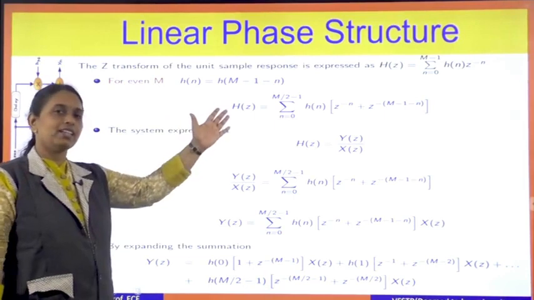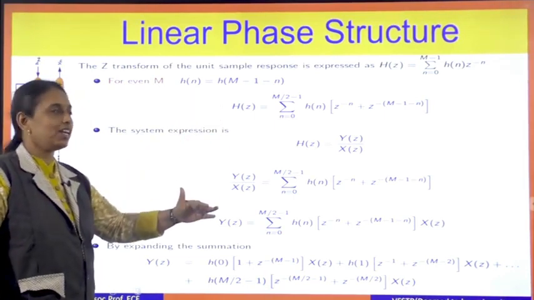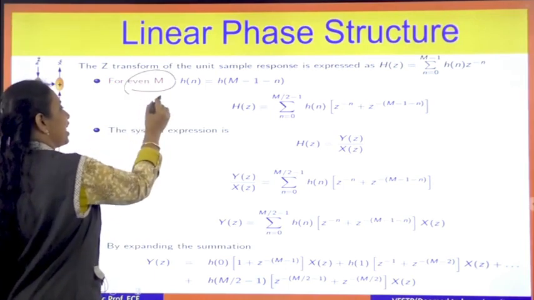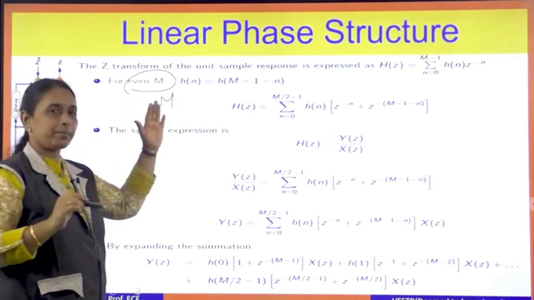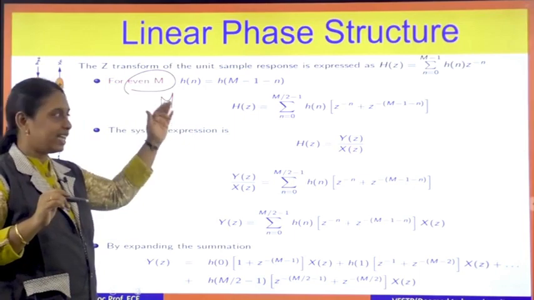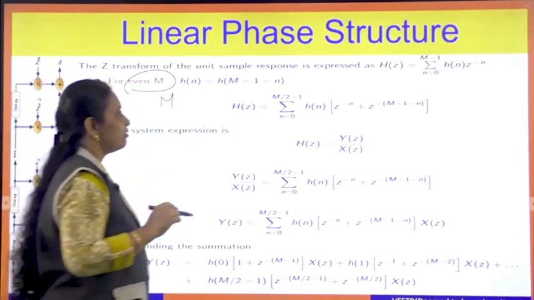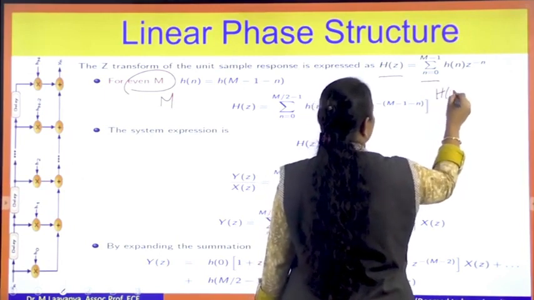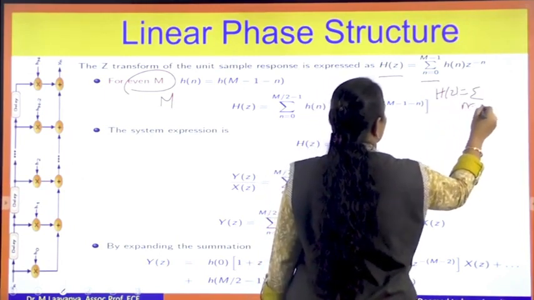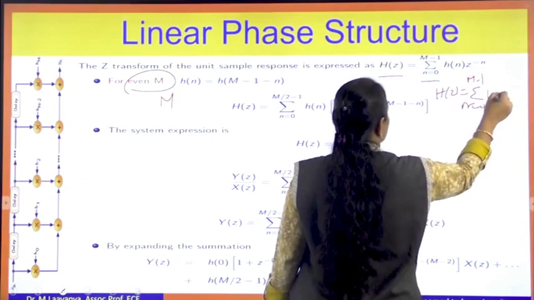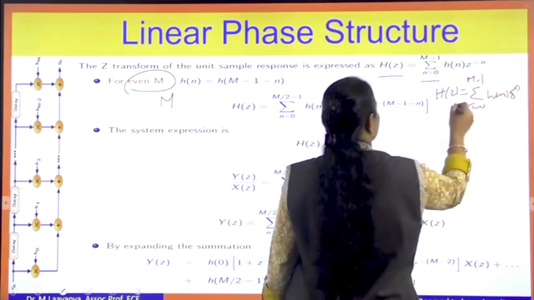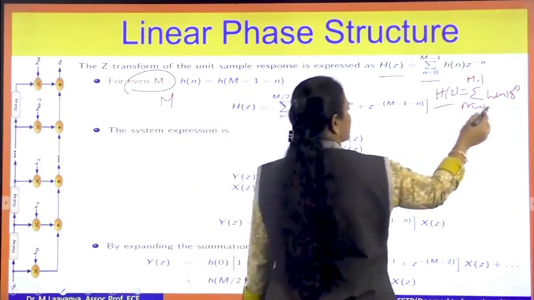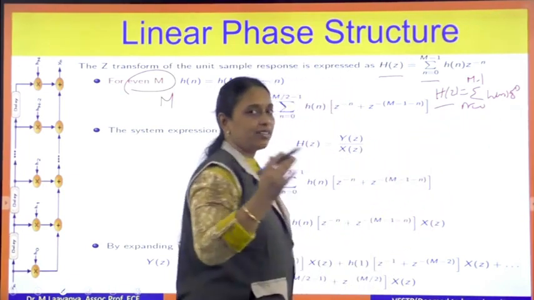So let us start with the derivation of the linear phase FIR filter for N is even, otherwise we will say for capital M, order of the filter is even. Let us start the derivation. We know that H of z is the summation from 0 to M minus 1, h of n z power minus n. We will take the FIR filter function and we can expand this into two equal halves.